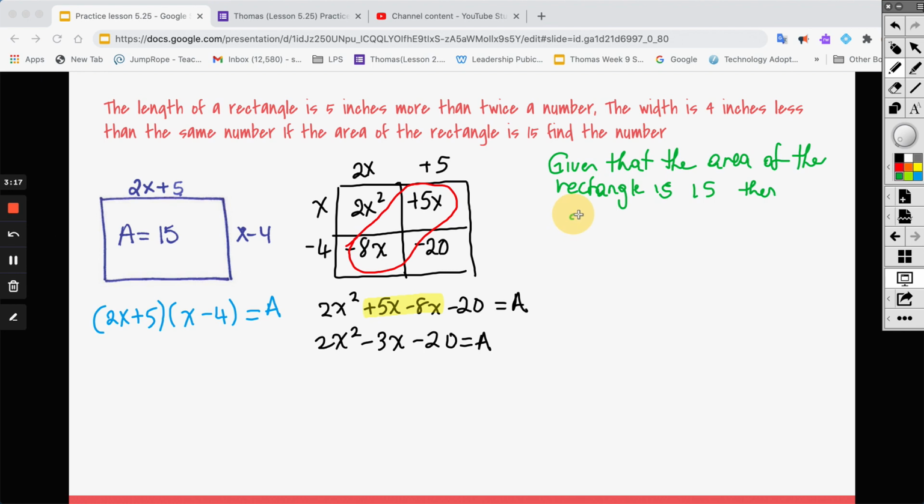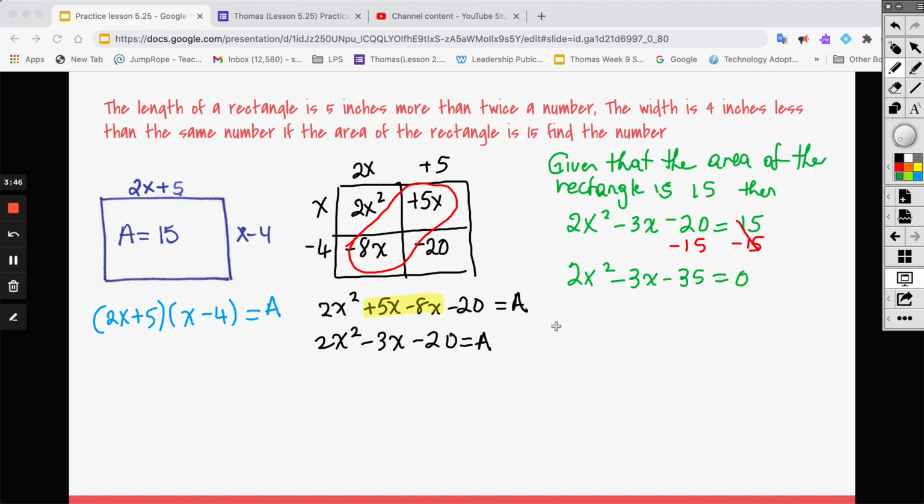So we'll have 2x squared minus 3x minus 20 is equal to 15. In order to solve, we have to set our equation equal to 0, so we subtract 15 from both sides, which means that our equation now becomes 2x squared minus 3x minus 35 is equal to 0.